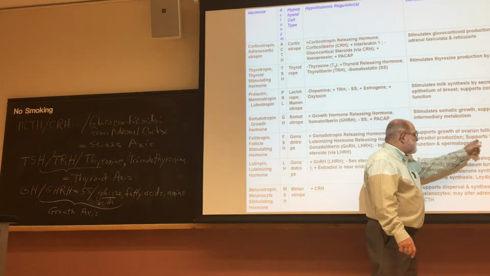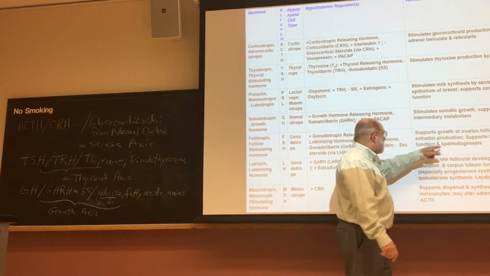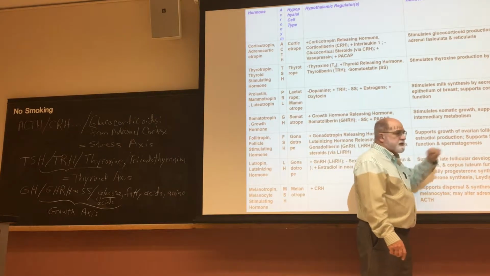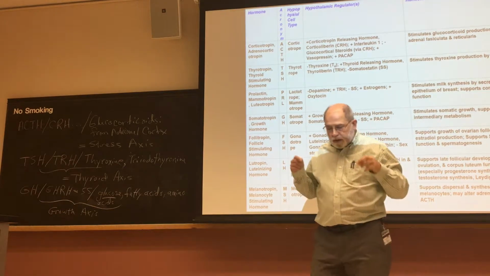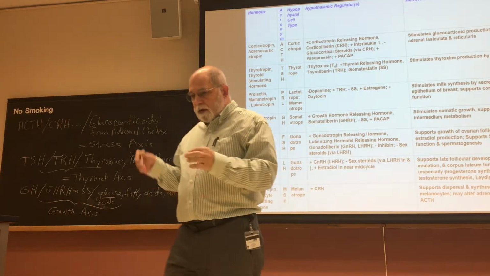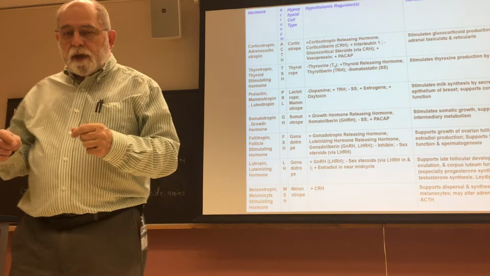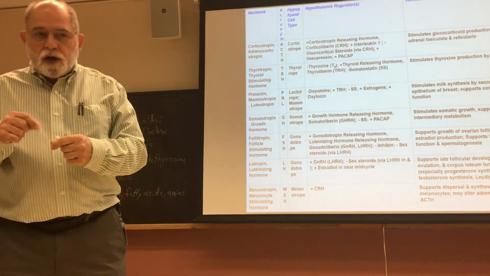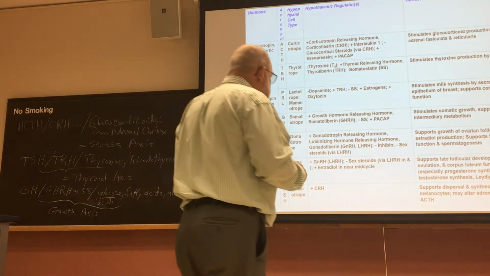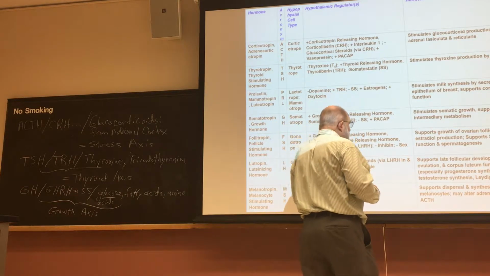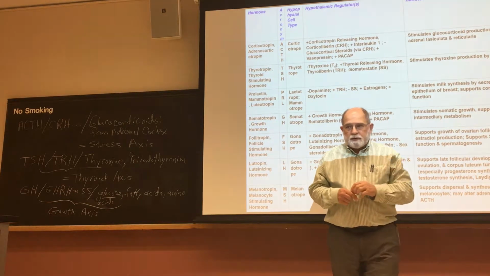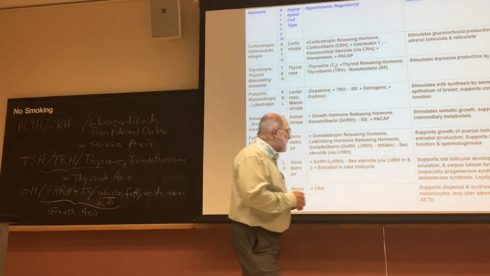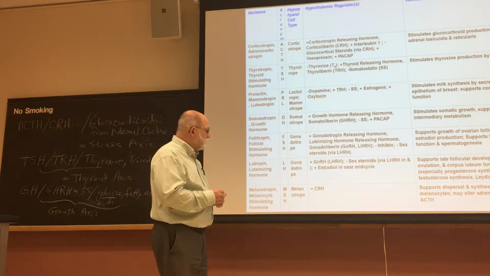And in the male, it supports Sertoli cell function and spermatogenesis. Sertoli cells are what will be called nurse cells. They're intimately involved in production of all stages of sperm, and they respond to FSH. There are a couple of other responses we'll get into when we talk about that in more detail.